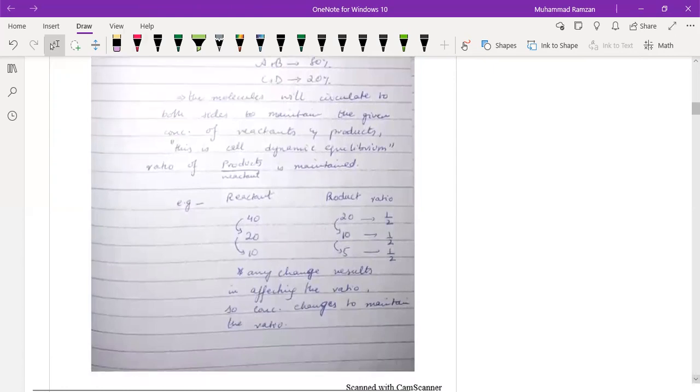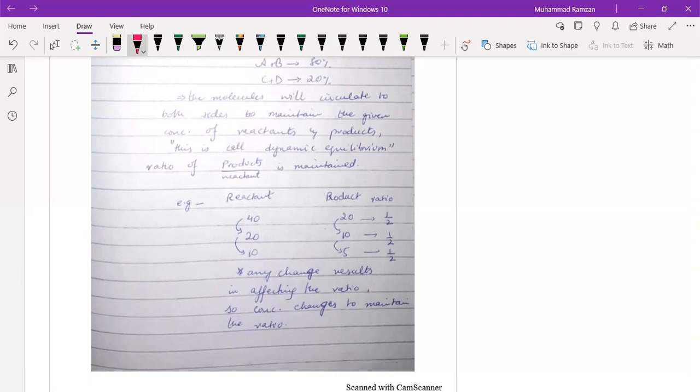To make this more clear, for example, at dynamic equilibrium, reactants left over are 40, and product formed is 20. If you get the ratio, it is 1/2, product over reactant.